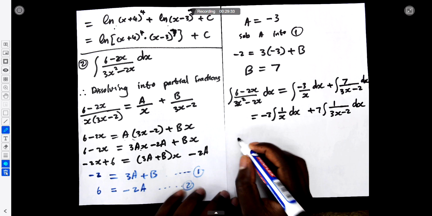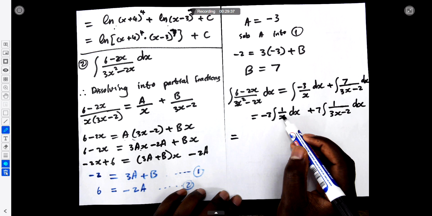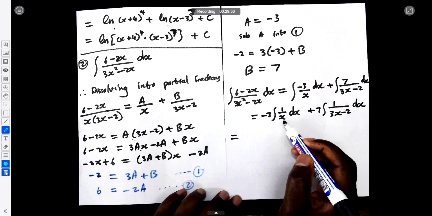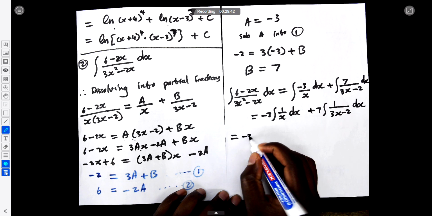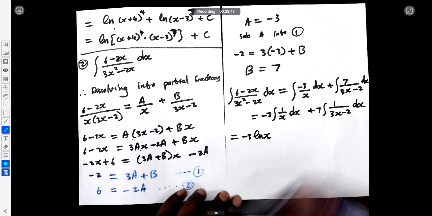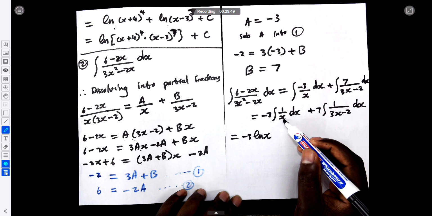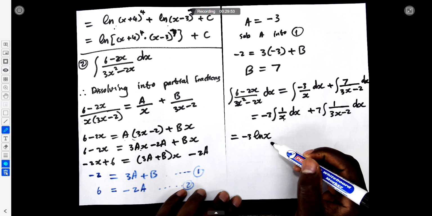So we inspect the first one. I hope you see it's already straightforward. The integral of 1 over x is ln x, because we know that the derivative of x in the numerator is 1. So ln of the denominator.